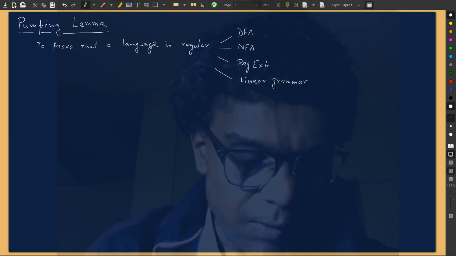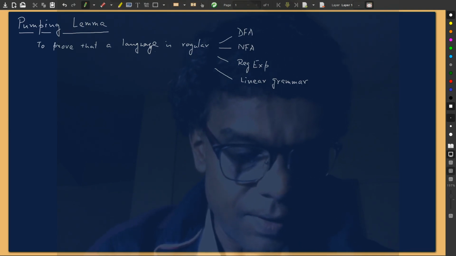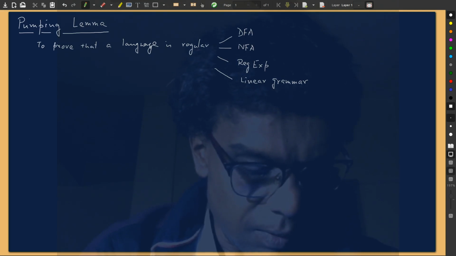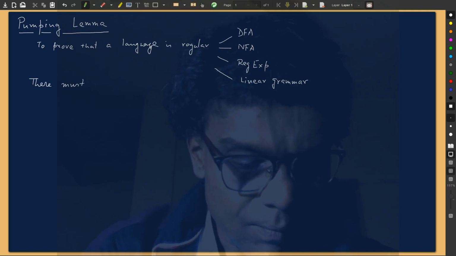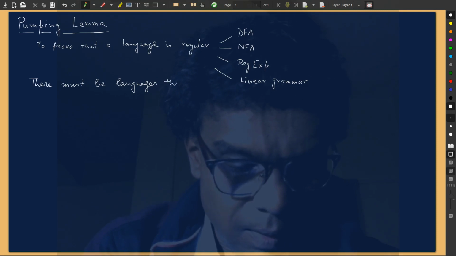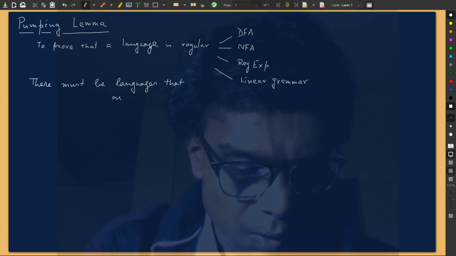So there are only countably many regular languages, and there are uncountably many languages. So the immediate implication is this: there must be languages that are not regular.